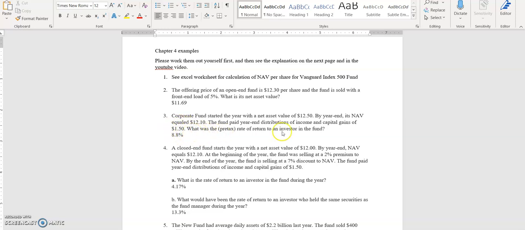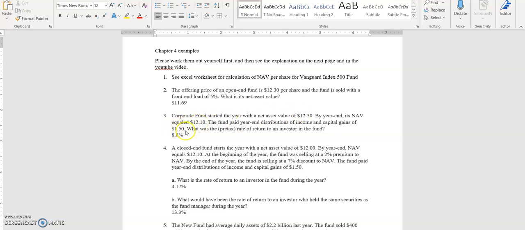So the question is asking us to calculate the return to the investor. So now the investor has invested $12.50. It's lost 40 cents in value, but you got $1.50 in terms of distribution. So your total gain is $1.50 minus 40 cents.